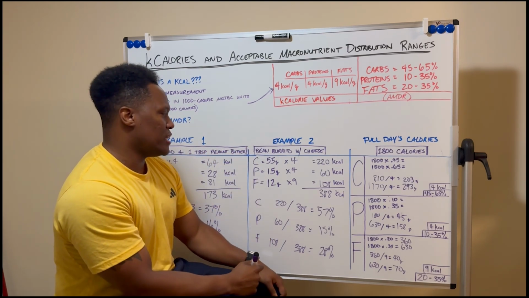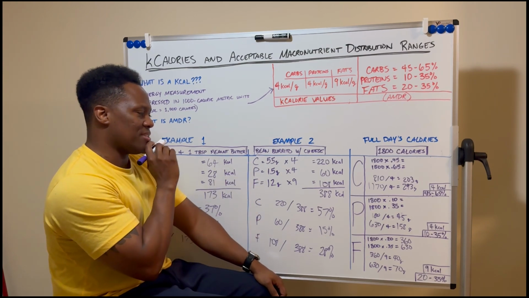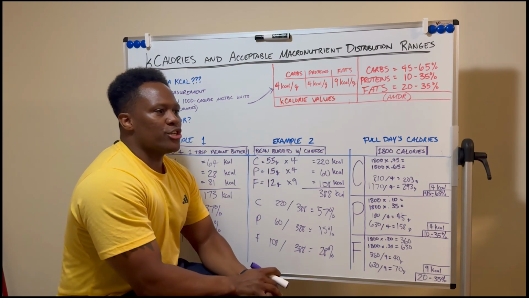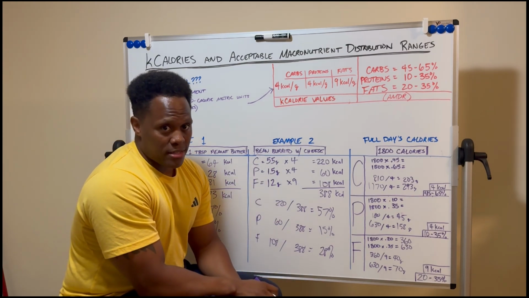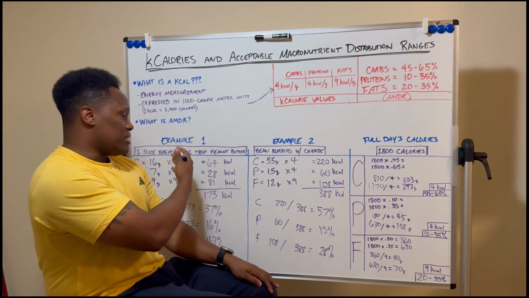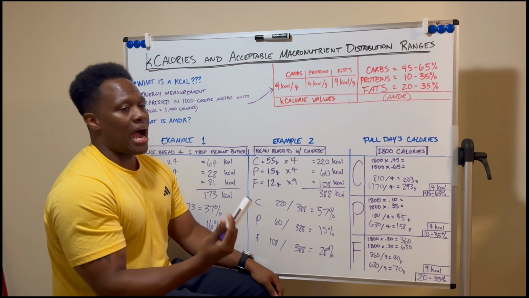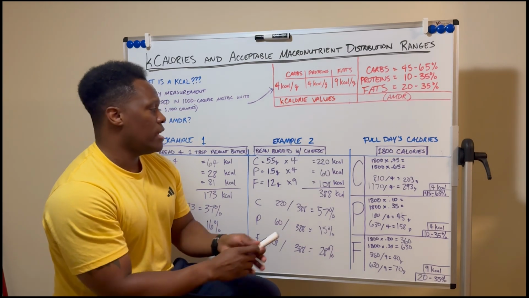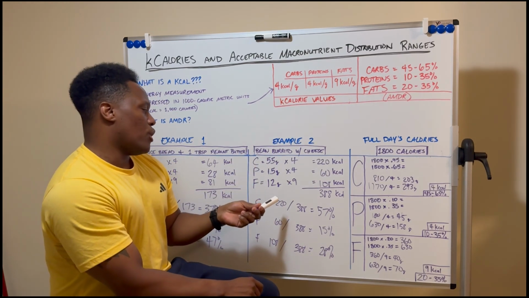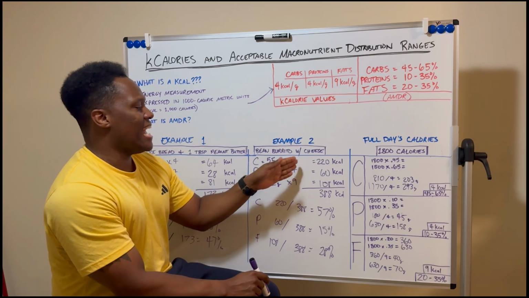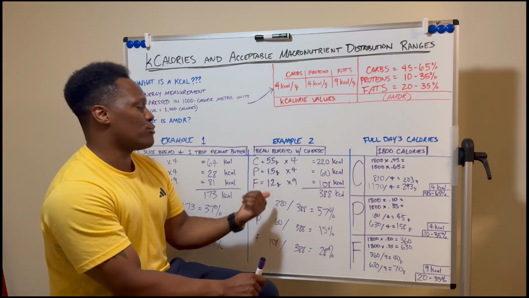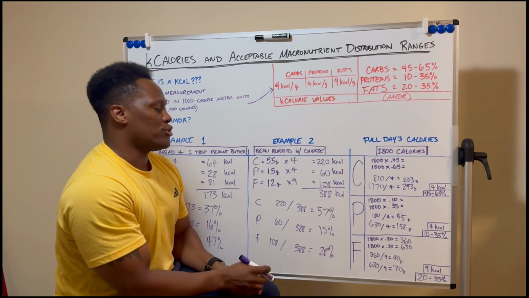That'll be up to you to figure out how many carbs, proteins, and fats are in everything you're eating based on the serving size. It just so happens that I was able to give these values to you because these are examples I learned when I got my certificate in nutrition and wellness. With this, you're able to figure out the kCalories per gram of each macronutrient, and then you can add up all the total kCalories.